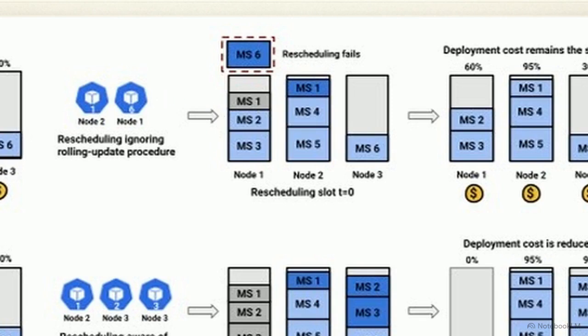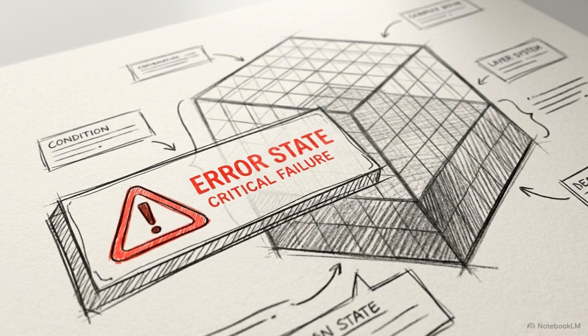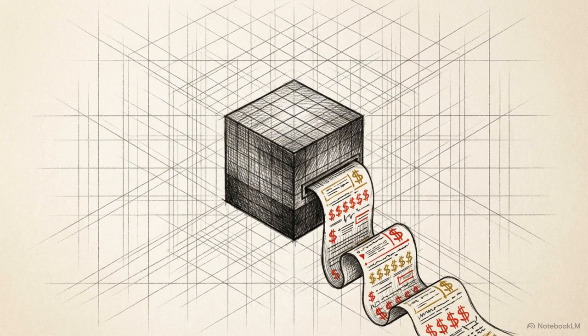At this exact moment, the scheduler attempts to move Microservice 6 to Node 1 simultaneously, but hits a wall of resource contention. Microservice 6's migration is rejected due to the lack of space, leaving it stranded on its original location, Node 3. Because Node 3 is still occupied by Microservice 6, the node cannot be shut down, and the cloud provider continues charging for it.